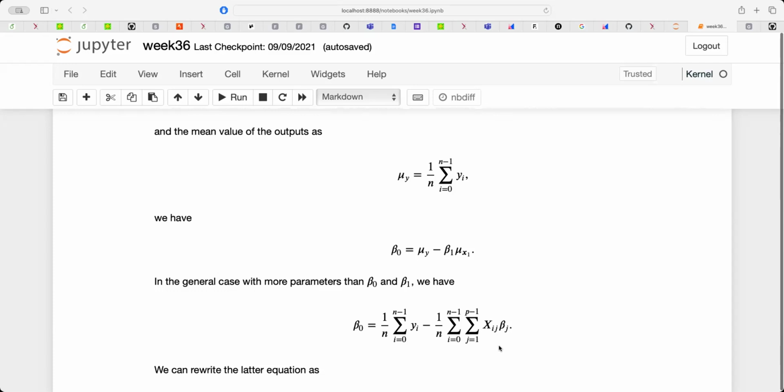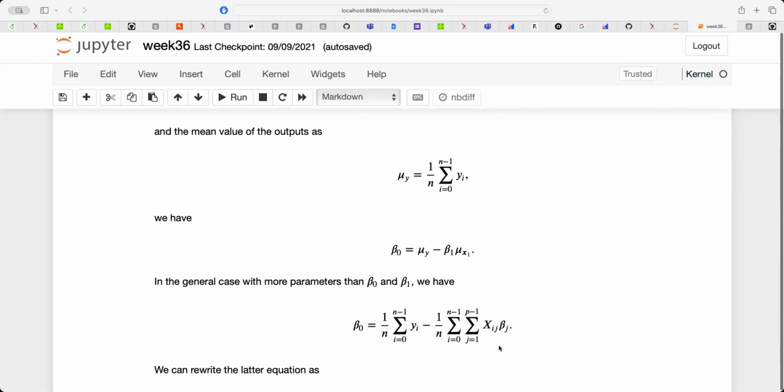This is something which applies to linear regression. And it's a special case when you're fitting a polynomial, because then the matrix with the intercept has just ones. So if you calculate the mean value of that and subtract it, you would have zeros in that column.